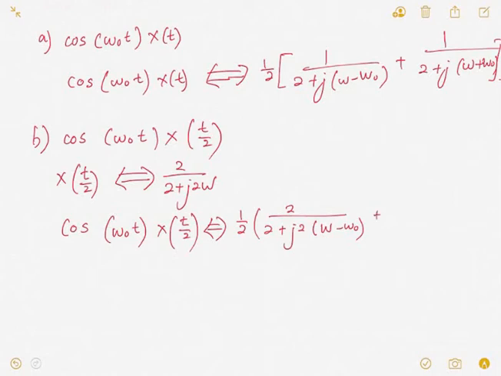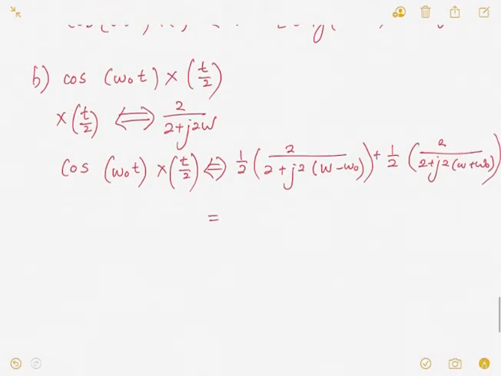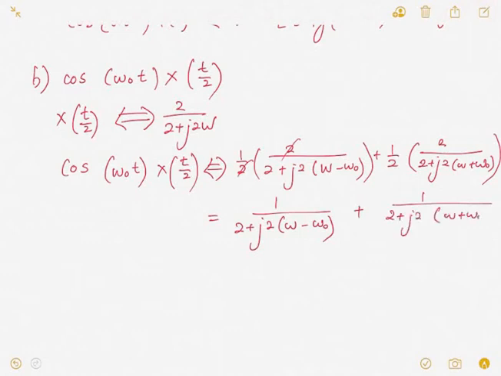And we repeat the same thing for omega plus omega naught. Then you simplify and cancel out this one, so you get just 1. Okay, so this is the answer.